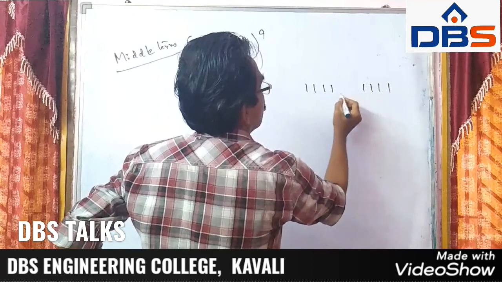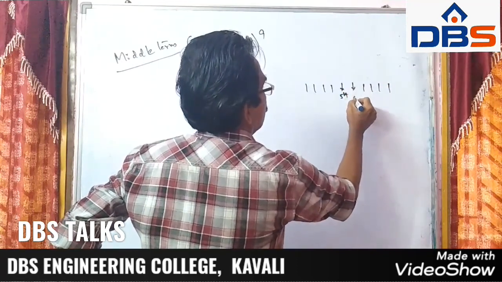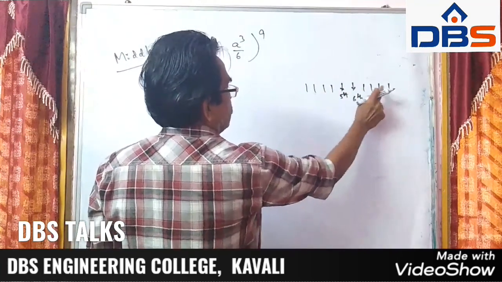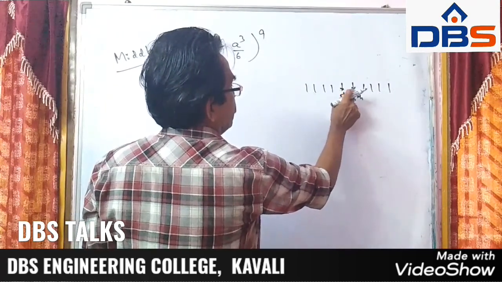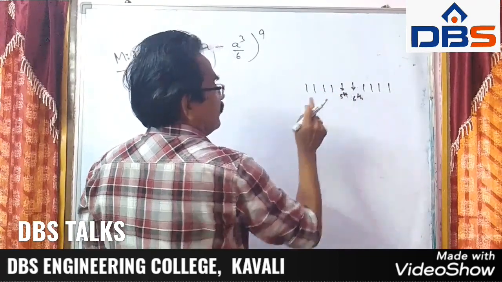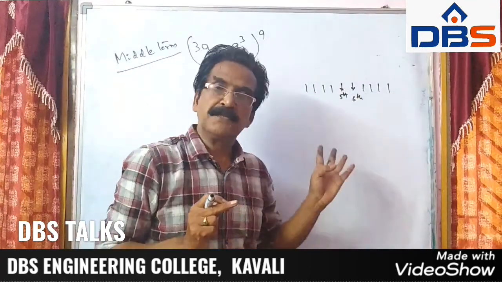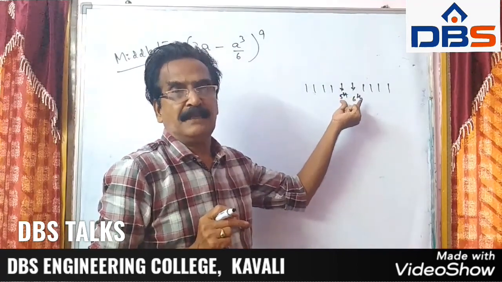Total 10 terms, friends: 4 plus 4, 8, and the remaining two terms in between are in the middle. The fifth term is considered a middle term, and the sixth term is also considered a middle term. Here there will be two middle terms.